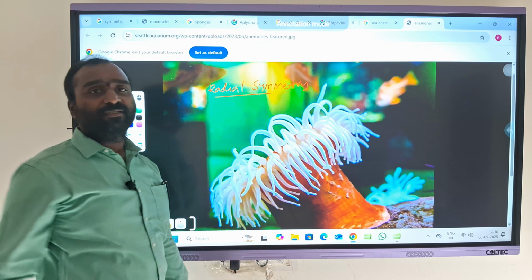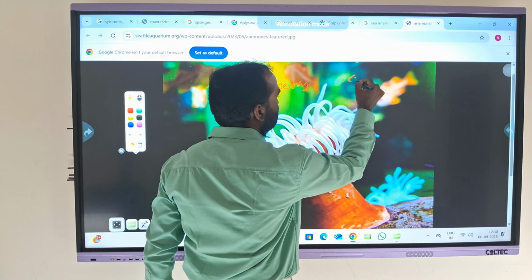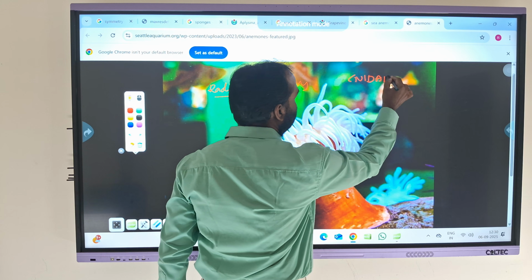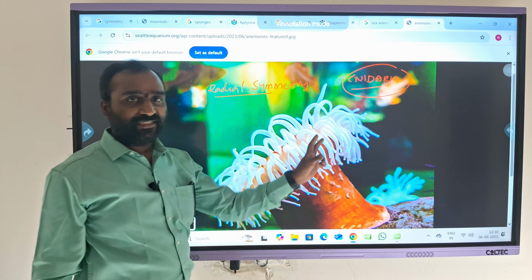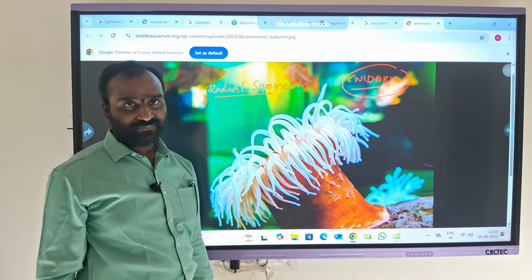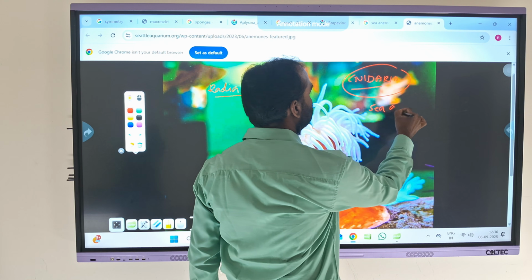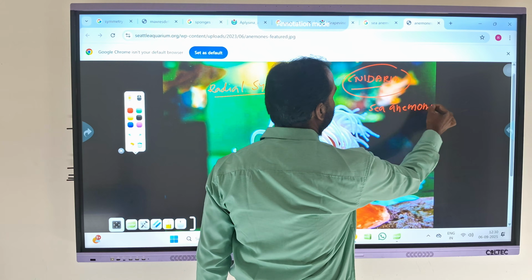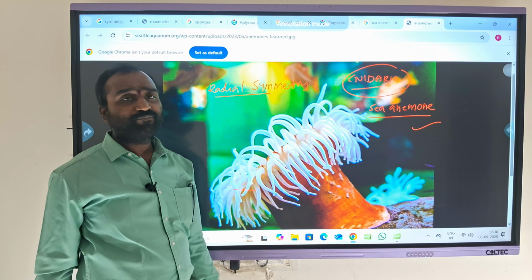And this radial symmetry is seen in the phylum Cnidaria. We'll go with the character Cnidaria, cnidoblast cells. Am I clear? So example, sea anemone. Then what kind of symmetry here?